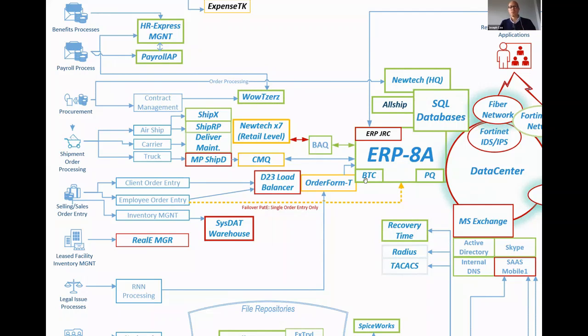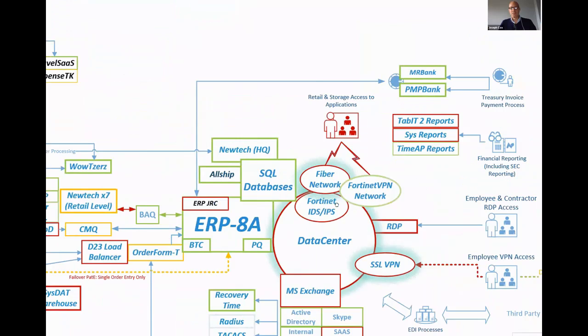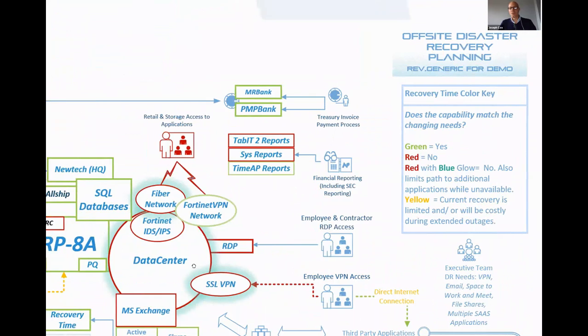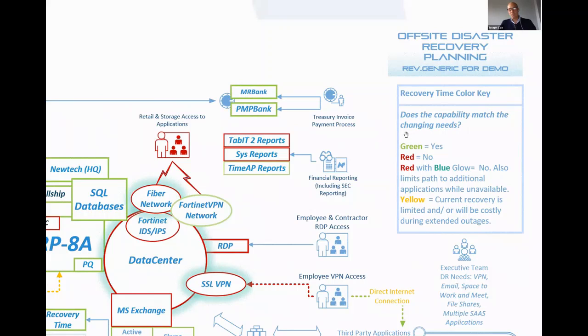So getting those all in place, in this particular example, we created a little bit different view of process and software with the idea that we wanted to show what was happening for companies that were more process intensive, and also give them the ability to see everything in green we label. Those are things that are ready to recover. Red, not ready. Red with a blue glow.